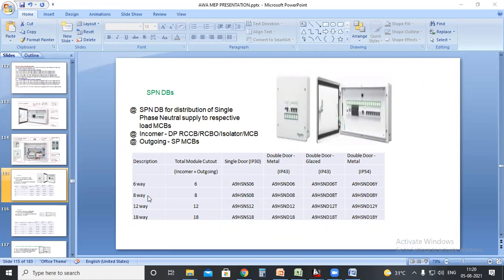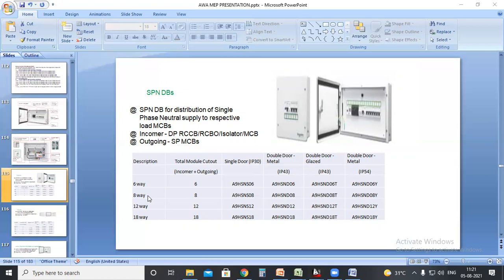The smallest distribution board available is 4-way. So 4 is available, 6 is available, 8 is available, 12 and 18. The 18-way mentioned here is only available for the SPN type. For normal TPN, 12-way is the maximum available in the market.